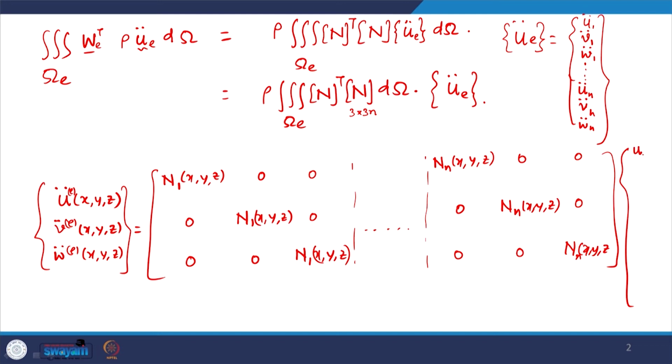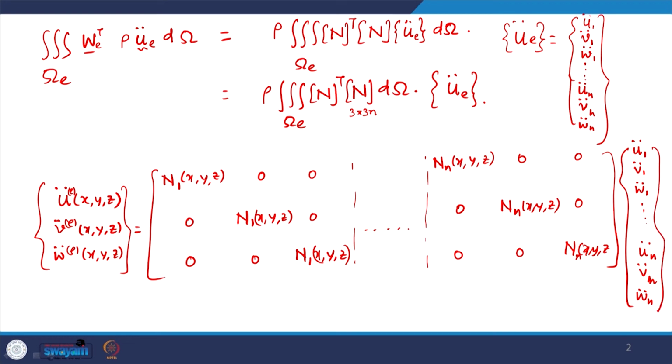And this displays acceleration components as u1 double dot, v1 double dot, w1 double dot and up to un double dot, vn double dot, wn double dot.